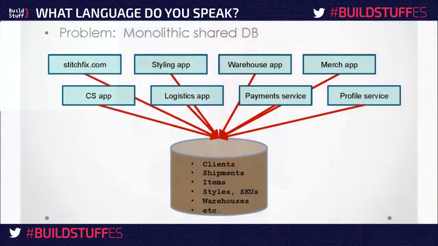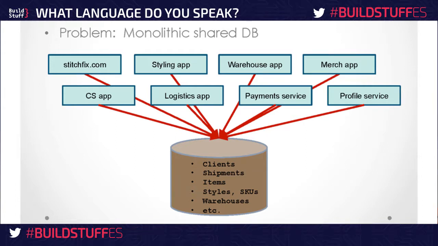Okay, but now let's imagine we, at Stitch Fix, where I used to work as of several weeks ago, let's imagine we have a monolithic database and we have a bunch of different services and applications that are using data out of that shared database, and let's try to migrate our way toward breaking that monolithic database up. So the problem is that we have this monolithic shared database. Why is that a problem?